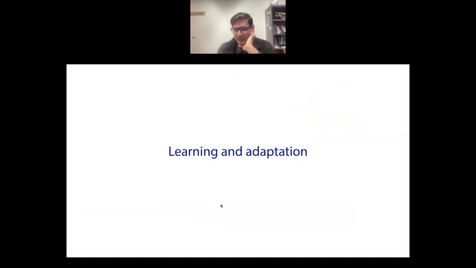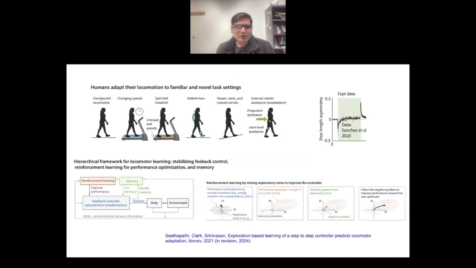And the final couple of slides have to do with learning and adaptation. All that I've talked about, arguably, has ignored the fact that people's gait choices might change with time, with experience, especially in novel tasks. And there's a whole field on locomotor adaptation that has actually grown over the last few years.